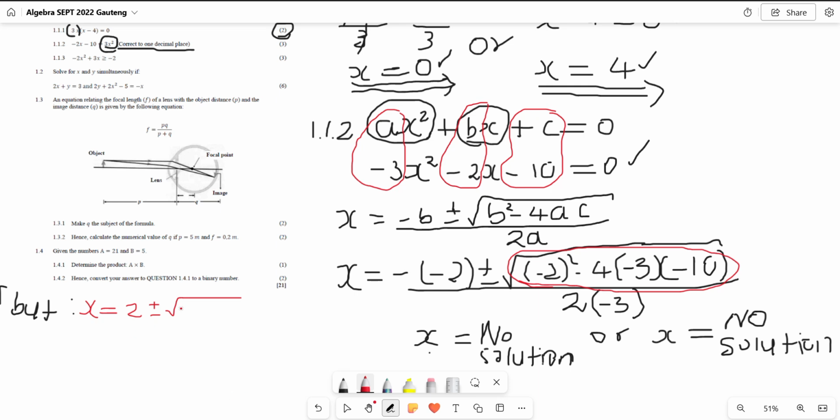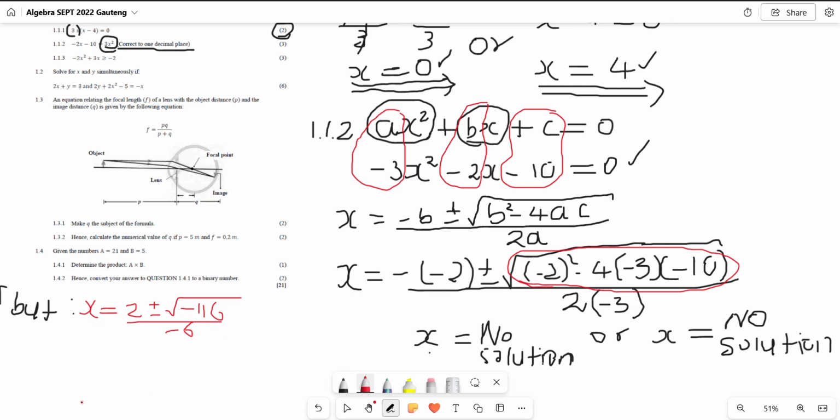Now we have negative 116, divided by 2 multiplied by negative 3, we have negative 6 here. Why are we having an error? Because under the root here, we have a negative number.